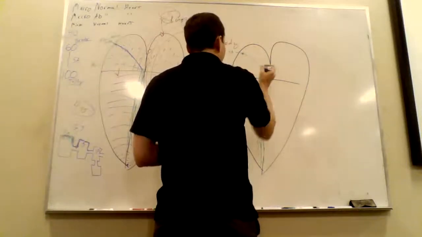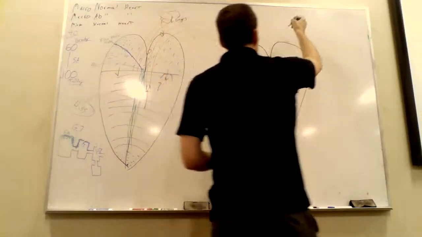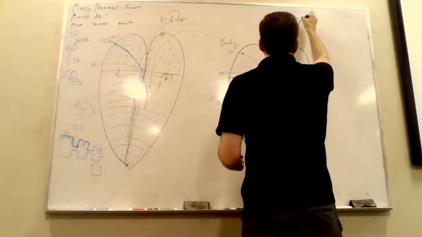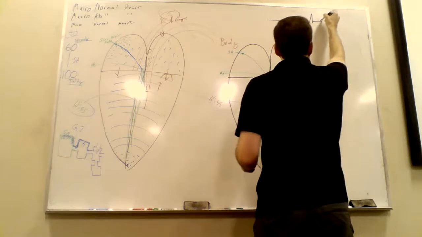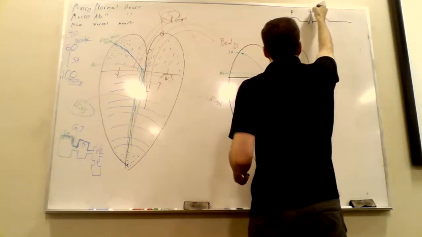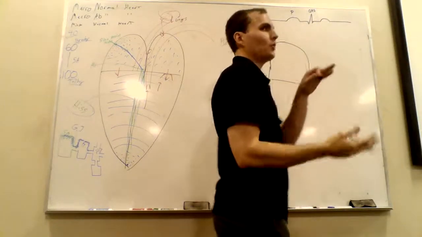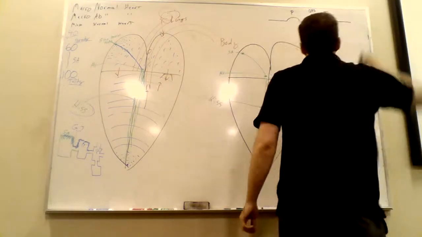So, in order to really talk about these guys, let's talk about a normal EKG. An EKG has a P wave, a Q, R, and S wave that are so close together we call them the QRS complex, and a T wave.